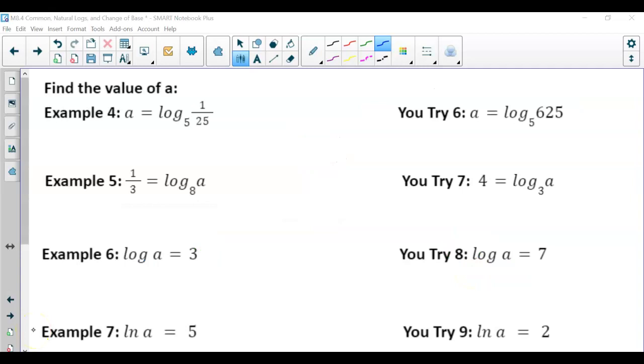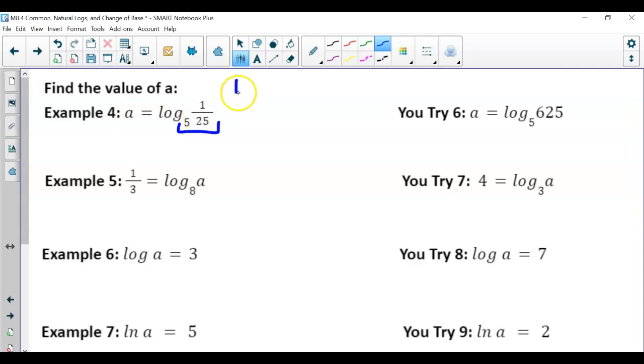Now in these next examples, we'll be talking about how to solve all these different types, not just the change of base. In example 4, notice how we have a log base 5, so it's other than base 10, and we're looking for the value of a. We can use the change of base formula to calculate the value of a.